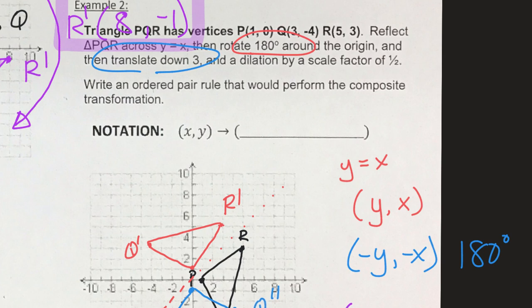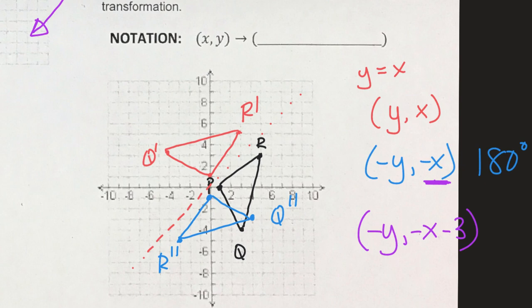So we're going to subtract 3 from the current y value. Remember, this is the y position. So we're subtracting 3 from that y position, not from the original y coordinate, but from where we're at right now. Just down 3. So there's P triple prime.